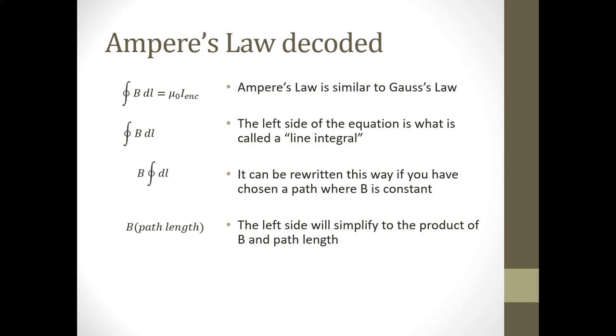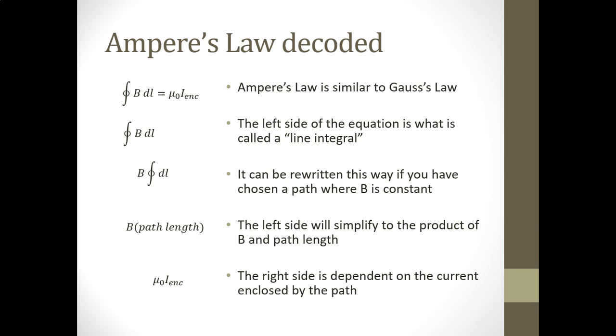This is very similar to the surface integral we used in Gauss's law, where when you do a surface integral dA, you basically get the surface area of a closed surface. In this case, you get the length of the closed path. So really, that left-hand side of the equation becomes B times whatever the path length of your loop is.